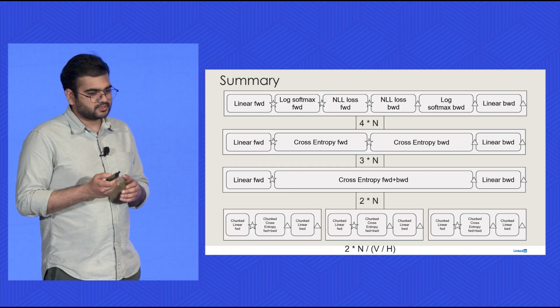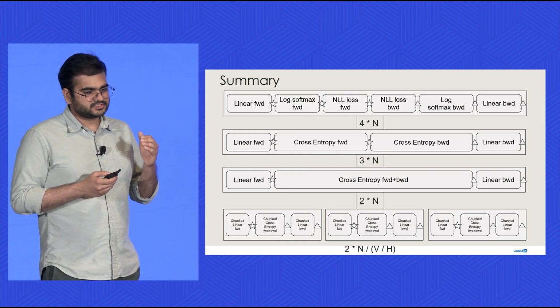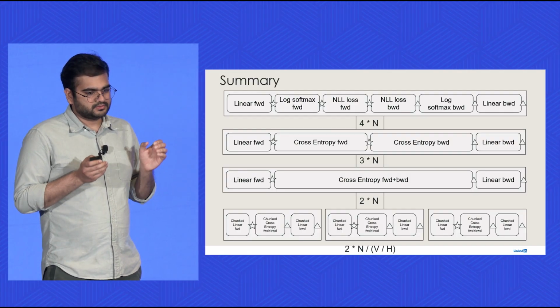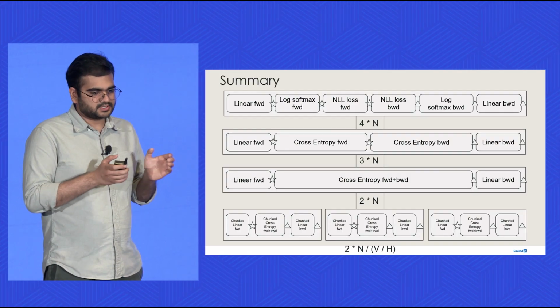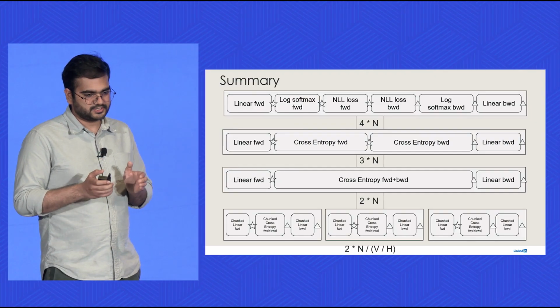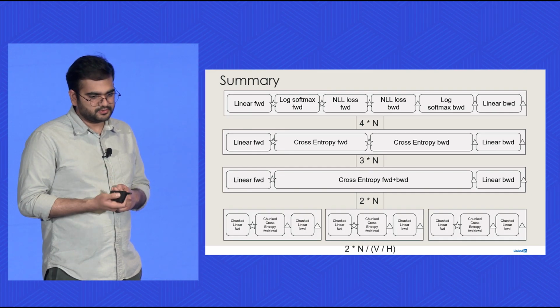To summarize all of this, we see 3 different optimizations. The first optimization is combining simple ops into fused kernels. First we combined log softmax and NLL into a single cross entropy function. We didn't have to implement this; Torch already does this for you.